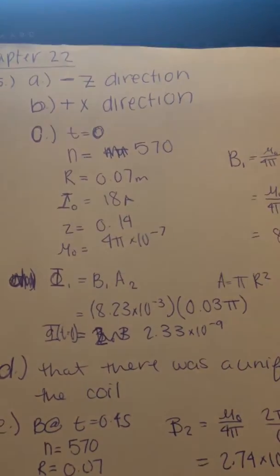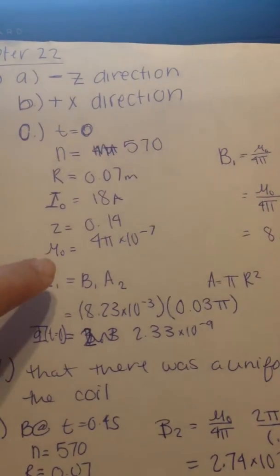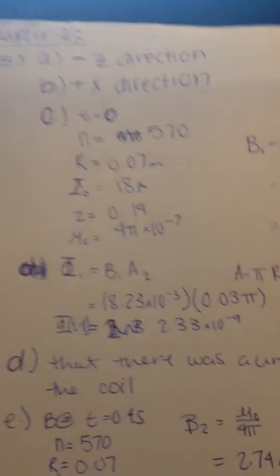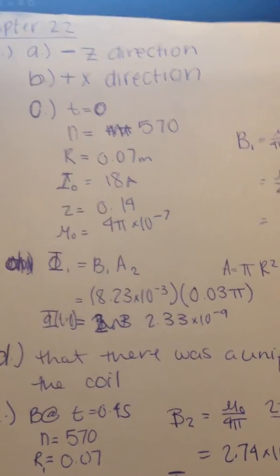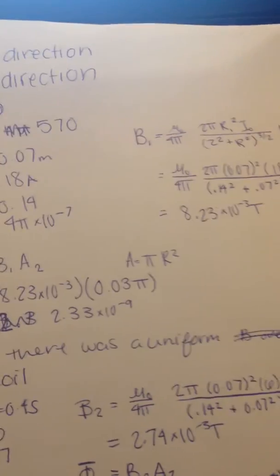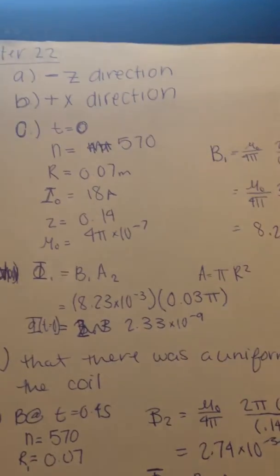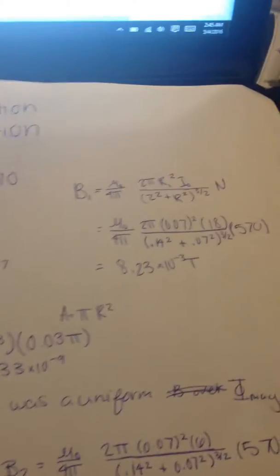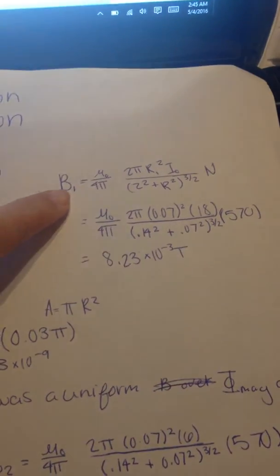At part C, I just kind of wrote all the givens right here, and what we're supposed to be looking for and what we're supposed to be doing. We were asked to find the flux, and so first of all we need to find B1, and I did that here.